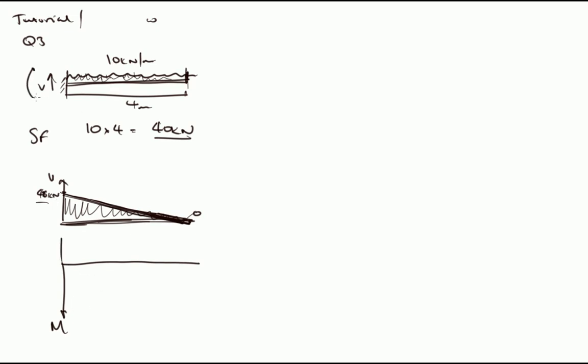This bending moment here must equal, if we take moments about this point here, 10 times 4, and then we can say that that's acting halfway along, so we'll multiply that by 2, which gives us 80 kilonewton meters. So we start off at 80 kilonewton meters of bending moment.